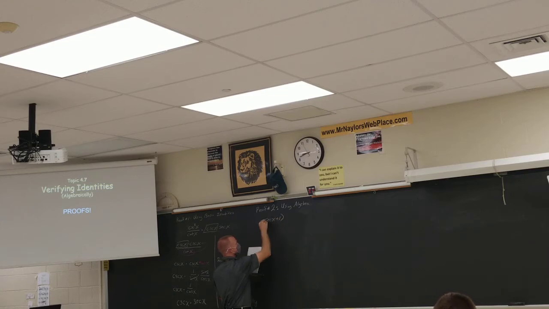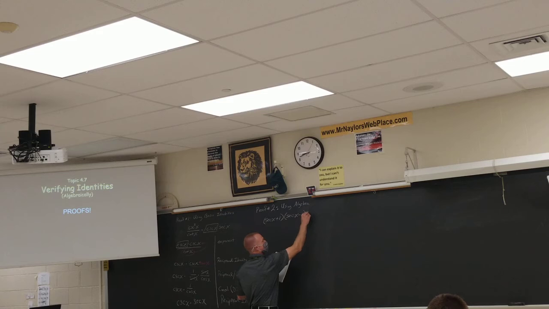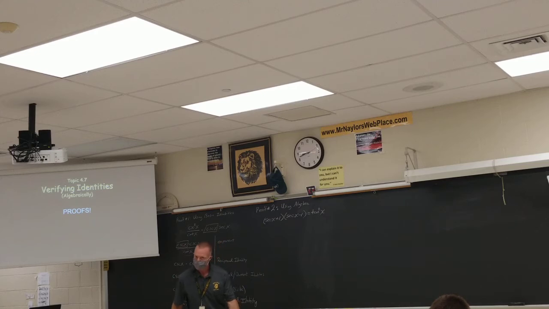Secant plus 1, that quantity, times secant minus 1. So we have two quantities multiplied together. And we'll prove together how that equals tangent squared.